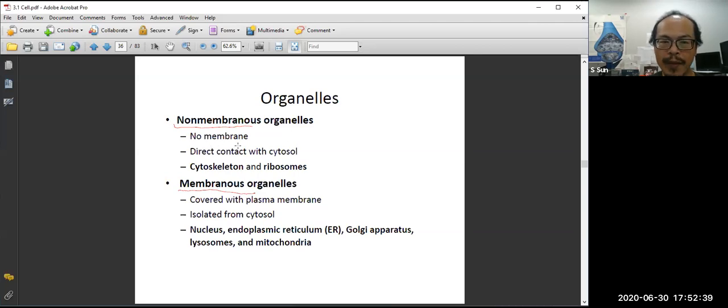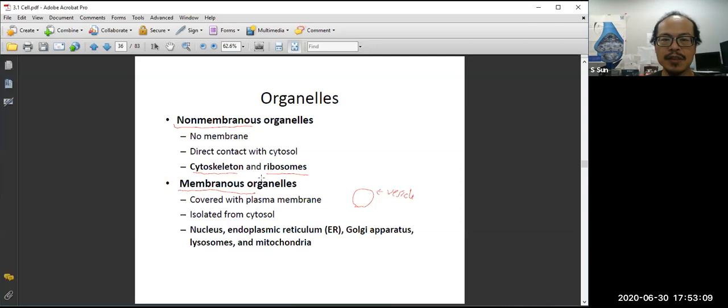Non-membranous has no membrane; membranous organelle has the membrane. The one we just mentioned, the vesicle, is a membranous organelle. Non-membranous has two major ones, cytoskeleton and the ribosome. Membranous organelles have a lot: nucleus, ER, Golgi apparatus, lysosome, mitochondria.